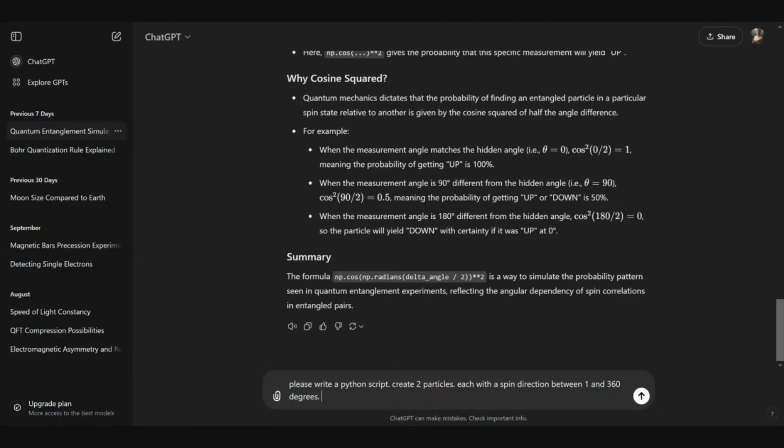Write it, okay, between 1 and 360 degrees inclusive. So 1 and 360 are legit. Okay.